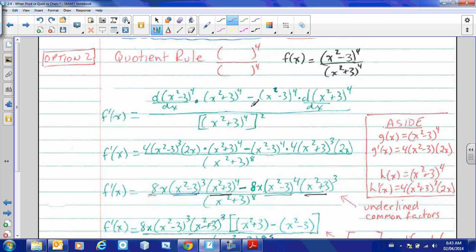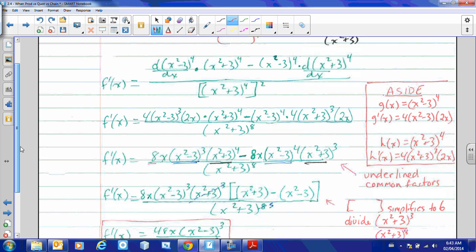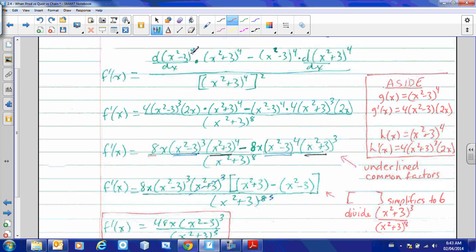So the denominator is a fourth power already. It's going to have a square on it. The derivative of this section, again, ignoring all the rest of the question, the derivative of this section is 4 times this bracket cubed, then take the derivative of what's inside the brackets, which is just a 2x.